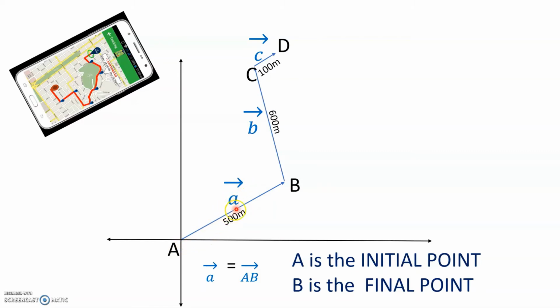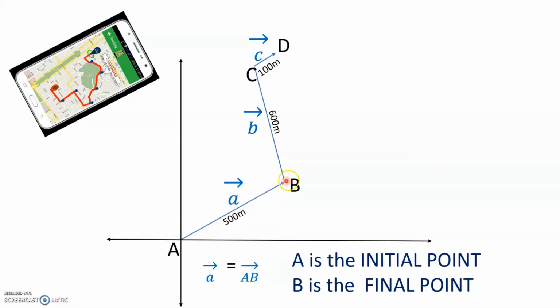The direction that you have to go and the distance that you have to go. So I'm going to mark it as vector A equals AB. The starting point is A, the end point is B, and it's a directional vector.